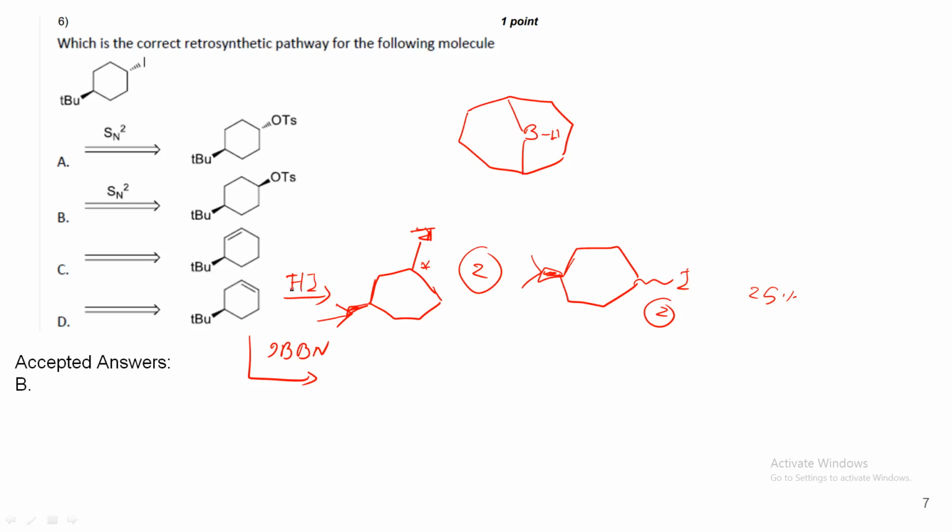it would try to form in such a way that steric interaction with the tertiary butyl group would be absolutely minimized. That's what it would obviously try.